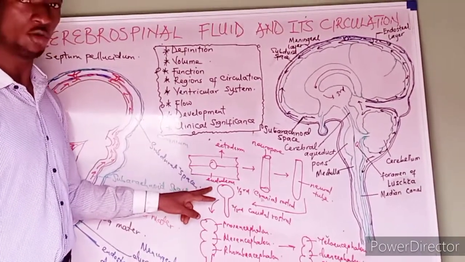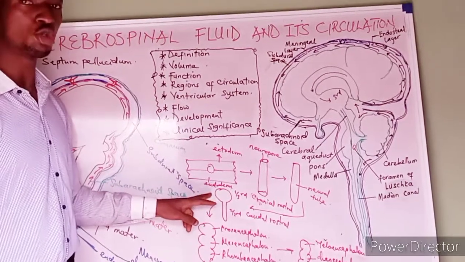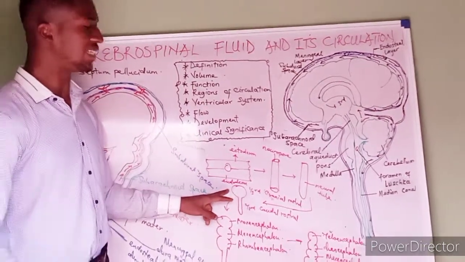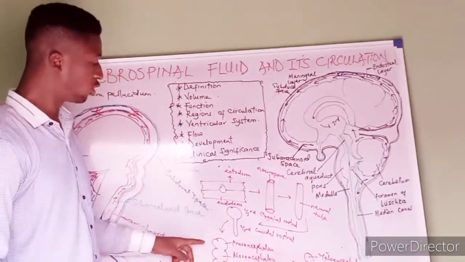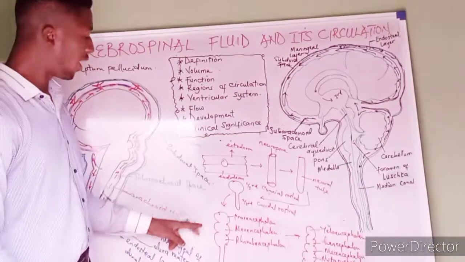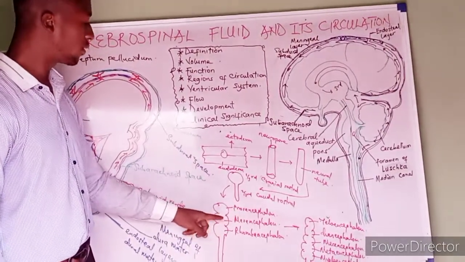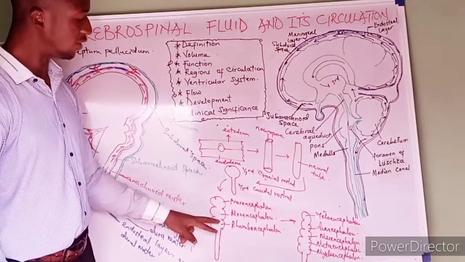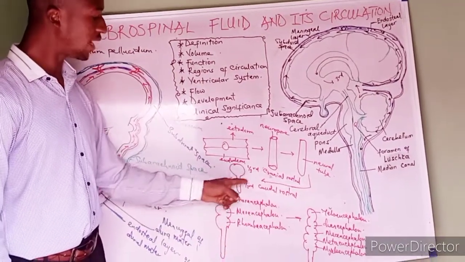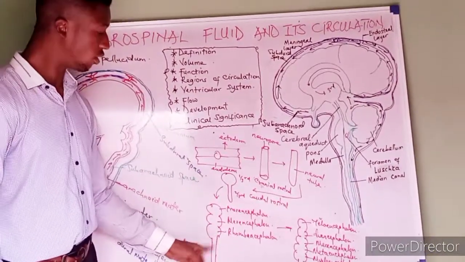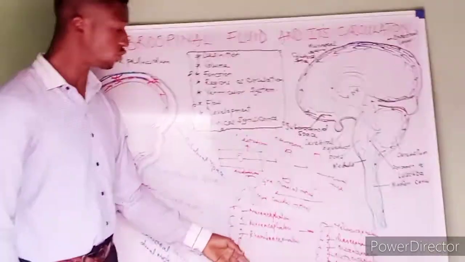The one-third cranial part begins to swell and enlarge to give three foldings. You have the prosencephalon, the mesencephalon, and the rhombencephalon. The caudal part still remains the same, and it begins to develop into the spinal cord.